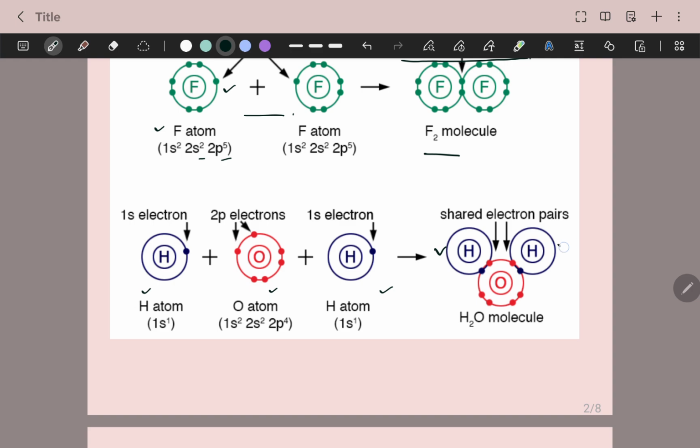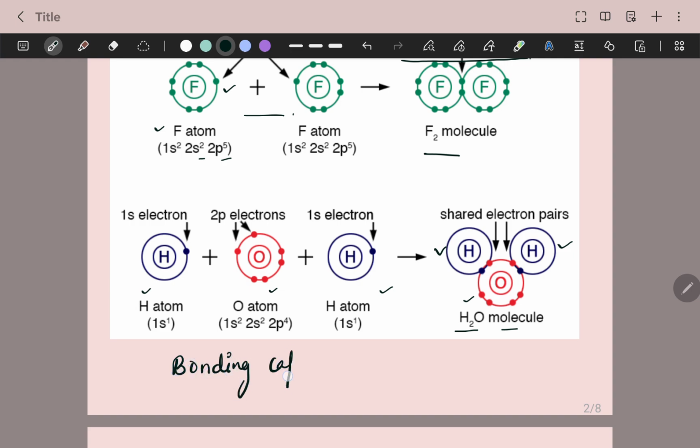So 2 hydrogen atoms come close to 1 oxygen atom, and what is formed? Water. This water molecule is a compound made up of more than one type of element, here 2 elements, hydrogen and oxygen. Now, what is bonding capacity?